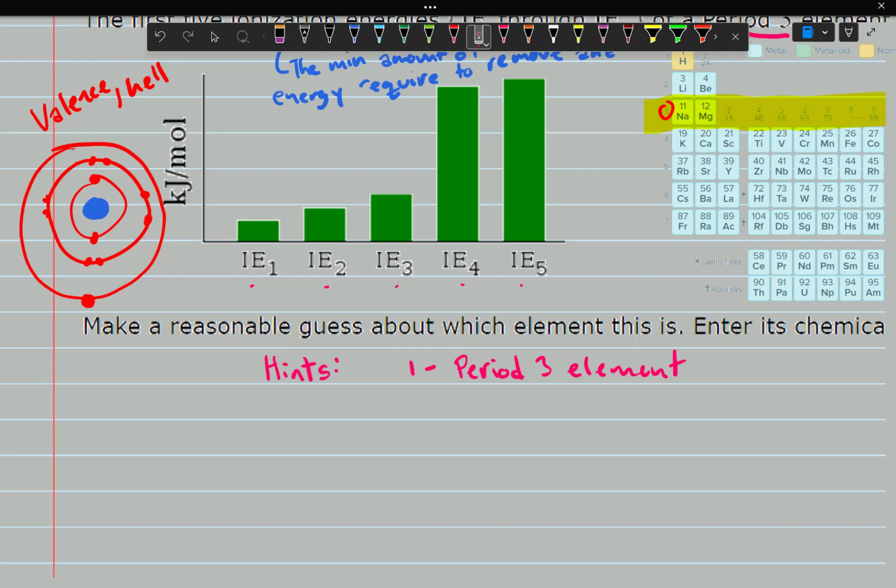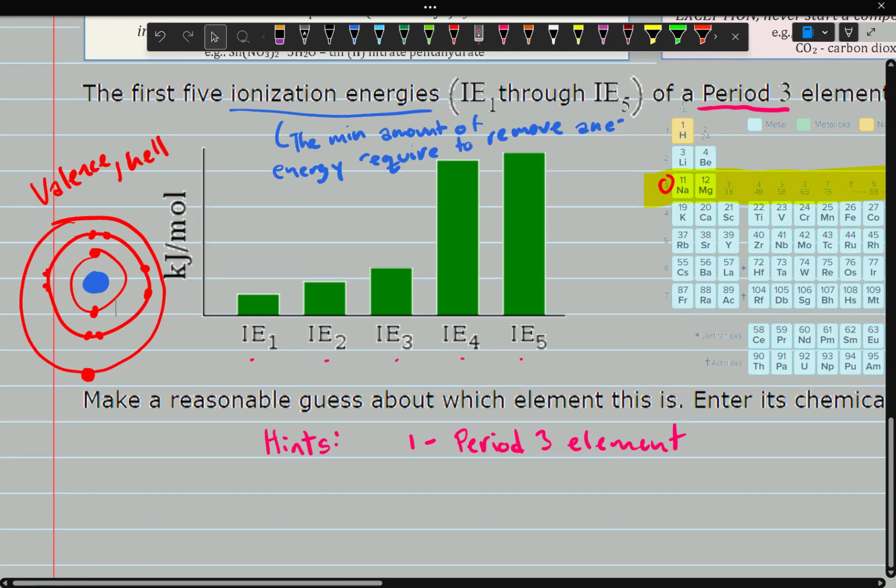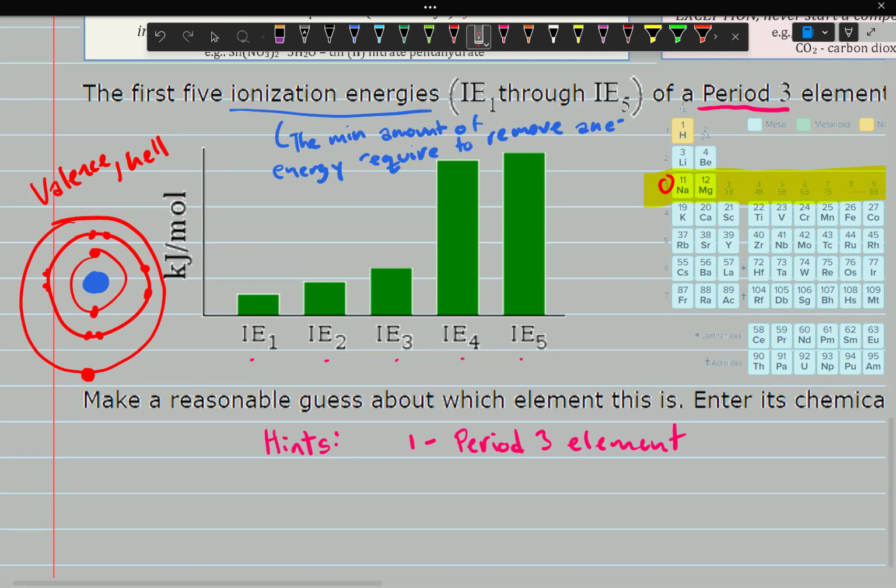And so when you have these valence electrons, the amount of energy it will take to steal one of them away will be relatively low compared to the amount of energy it would take to remove this inner electron.